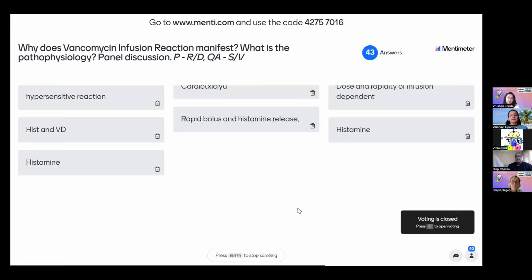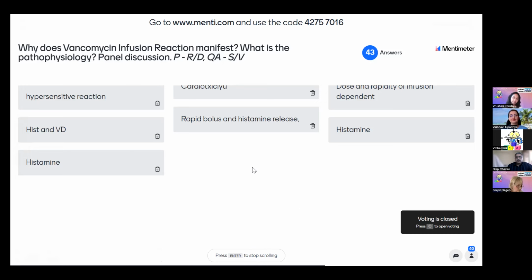Yes, our audience is very bright, they know it's histamine release, and Dr. Dilip has already pointed out the vasodilatation is due to the histamine release and it's rate dependent. The histamine release and the activation of the mast cells and basophils are a non-immunological process.